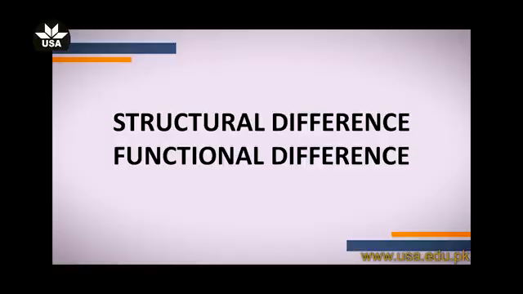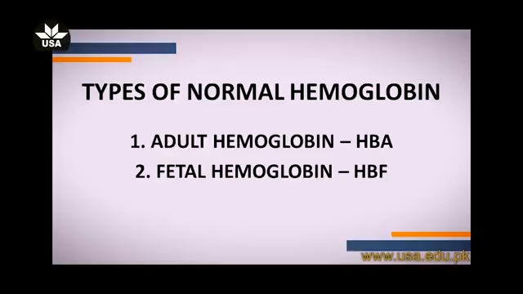Functionally, fetal hemoglobin has more affinity for oxygen than adult hemoglobin. That is the reason newborn babies have more oxyhemoglobin in them. And the oxyhemoglobin dissociation curve of fetal blood is shifted to the left.